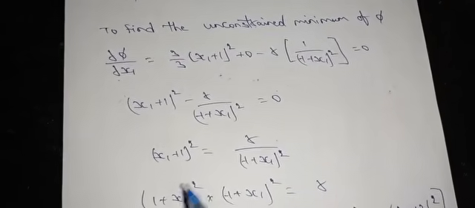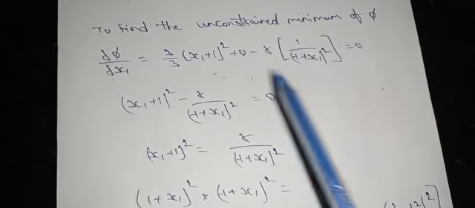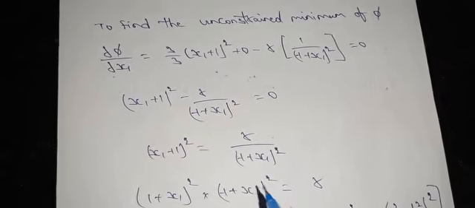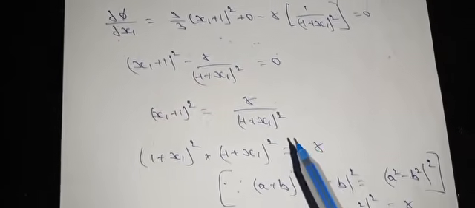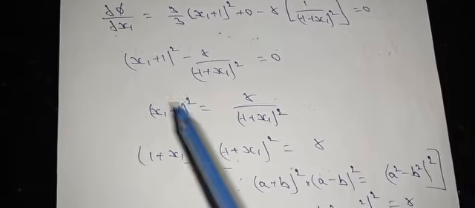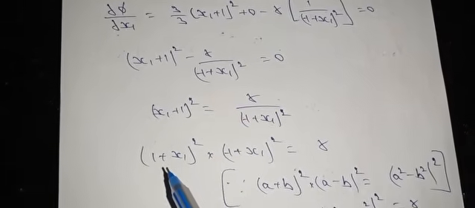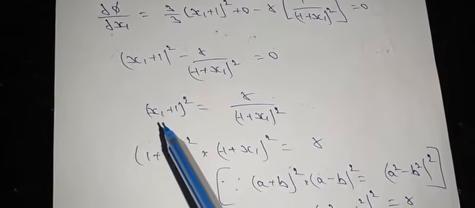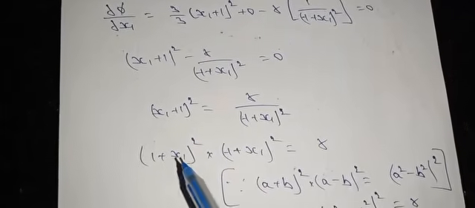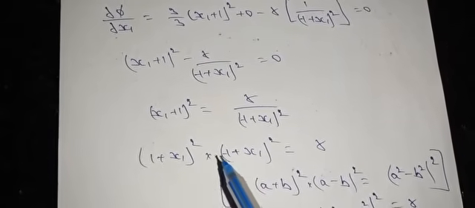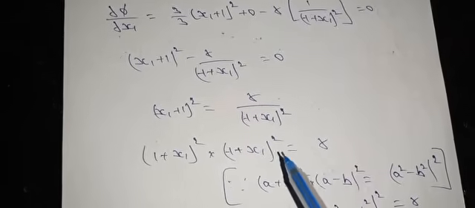So (x1 plus 1) whole square equals, taking this term to this side, r by (minus 1 plus x1) whole square. So we write this as (1 plus x1) whole square into (minus 1 plus x1) whole square.